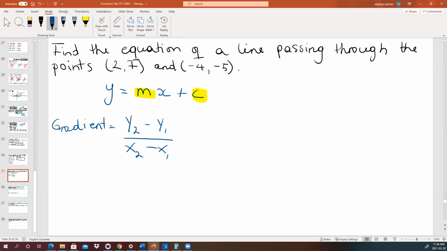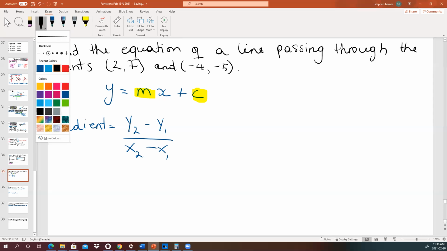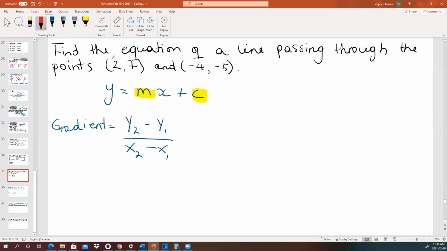Just looking at these 2 points, let me pick a different color. You can say this is x1 and y1. This is x2 and y2. Everybody following me so far? Yes, miss.